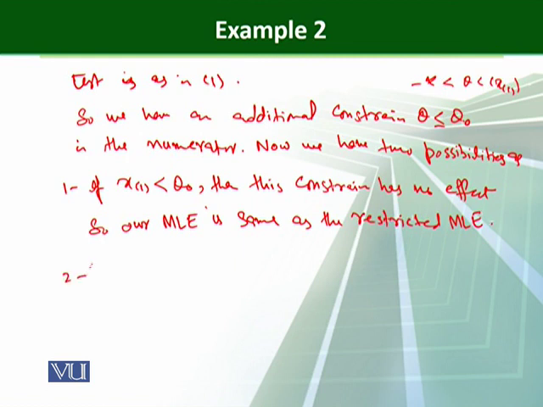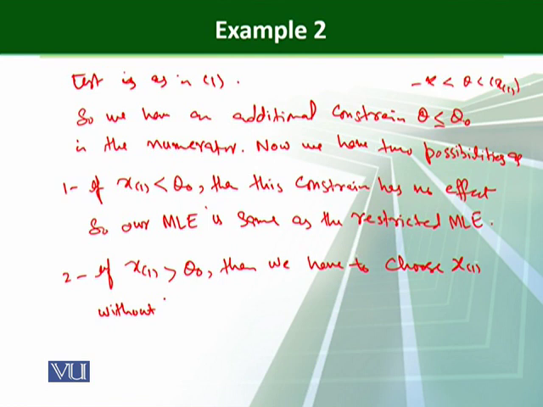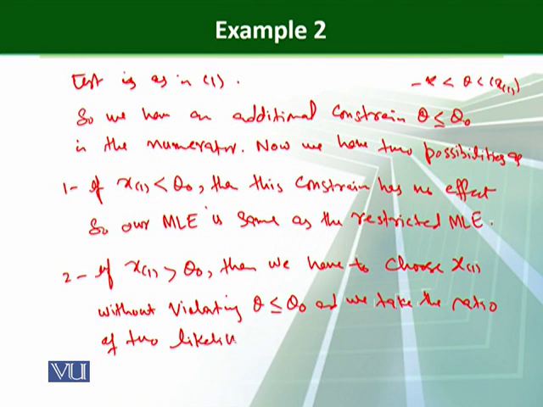So in the second case, if x1 is greater than theta naught, now in this case the things will change. Then we have to choose x1 without violating the condition which is in our null hypothesis, that is theta less than or equal to theta naught, and we take the ratio of the two likelihoods.